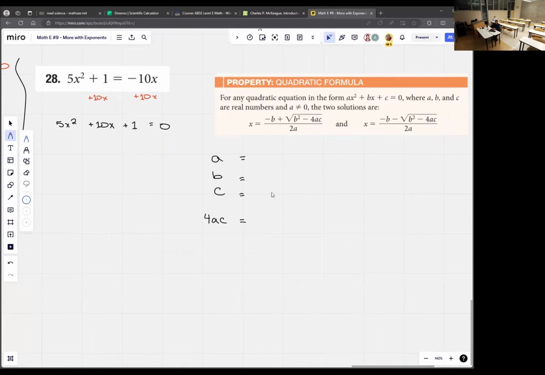So what's my A, those of you who are with me, if anybody is? No, everyone's on break. Okay, well, for the recording then, A is 5, B is 10, C is 1. Four times A times C, 4 times 5 is 20, times 1 is still 20. Then I plug things in.